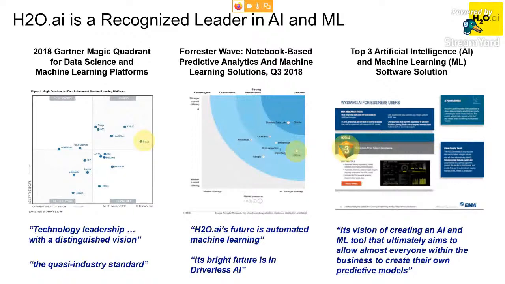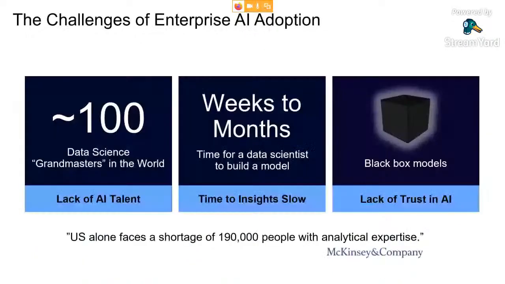Okay, so what are the challenges of adopting AI in the enterprise? It really comes down to the 3 T's: talent, time, and trust. There's just an absolute dearth of data science talent right now. There's only so many grandmasters and so many masters as scored by Kaggle. So if we can codify their brains within H2O Driverless AI, that's a good thing.